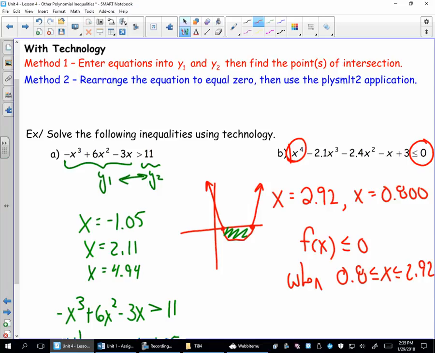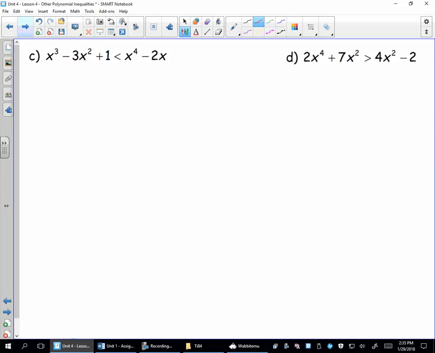Okay. So we have two different methods of solving this. You decide which method you like better. Do you like using inequalities? I'm sorry, do you like using Polynomial 2, or do you like making equations that work the same way? We'll try some more examples to get the hang of this. Okay, I'm going to use my POI method for the first one.